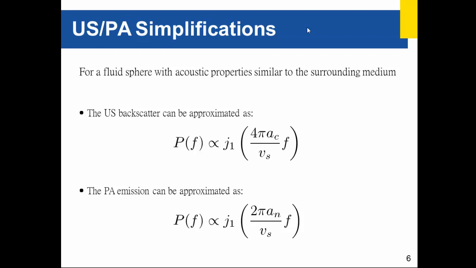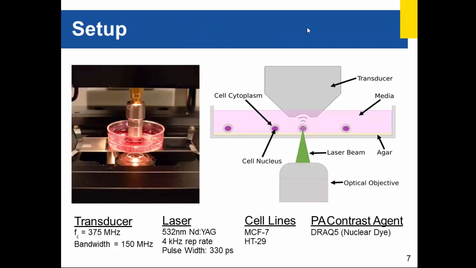In this case, the ultrasound backscatter and also the photoacoustic emission can be approximated by a Bessel function of the first kind. By feeding the backscatter signal from the experiments into these two equations, we are able to find the scatterer size for the cell radius and also the nucleus.